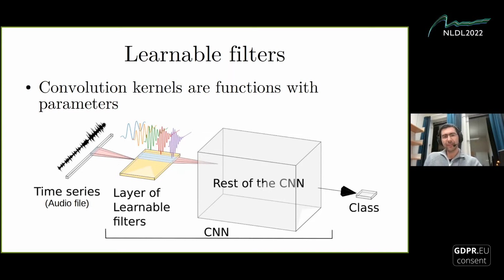You see this colored waveform that symbolizes a different kernel that has been learned. What you learn is a few parameters, namely the frequency and the width of this function in time. Then you just keep the rest of the network as a standard convolutional neural network.